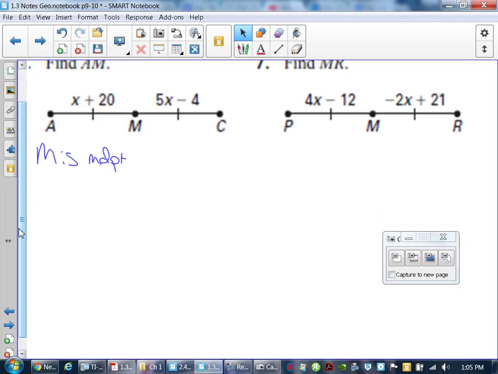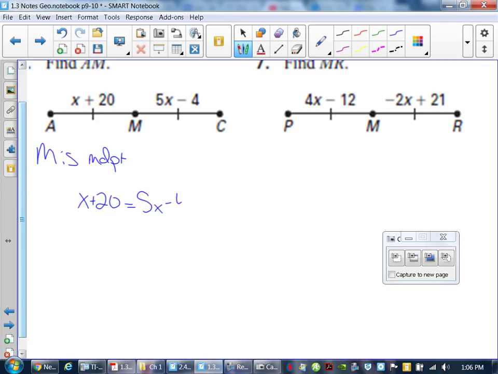So first one we have M is the midpoint, which means that AM has to equal, or is congruent to, MC. So you just write out the statement. X plus 20 is 5x minus 4. All right? Variables on both sides of the equation, what are you going to do? Subtract the smaller one.